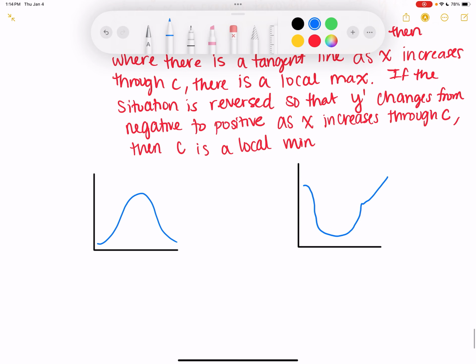Basically I'm going to draw the lines like this. One there, one there, one there.